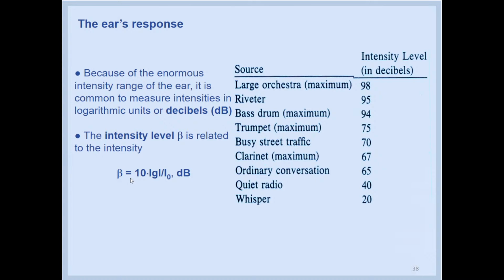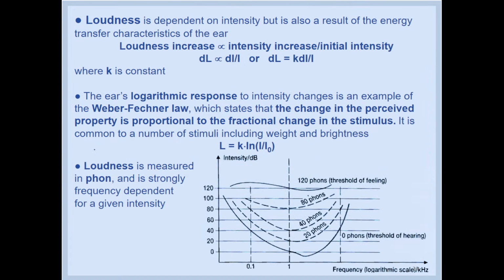This formula creates the logarithmic scale to measure the intensity level relative to the threshold of hearing, relative to 10 to the power minus 12 watt per meter squared. And look here, you can see the illustration of this.